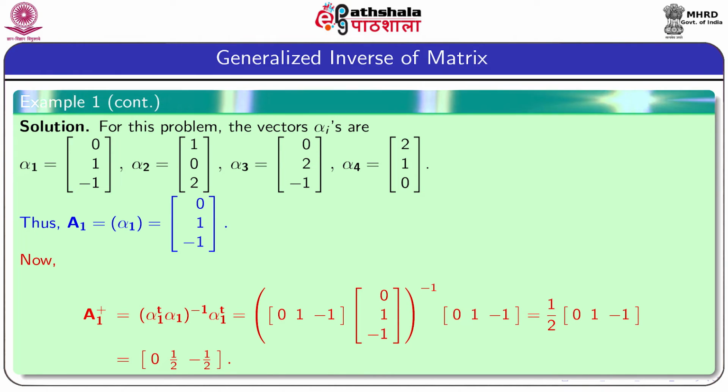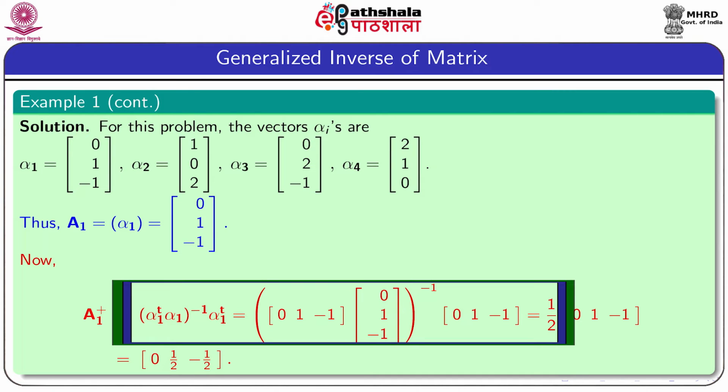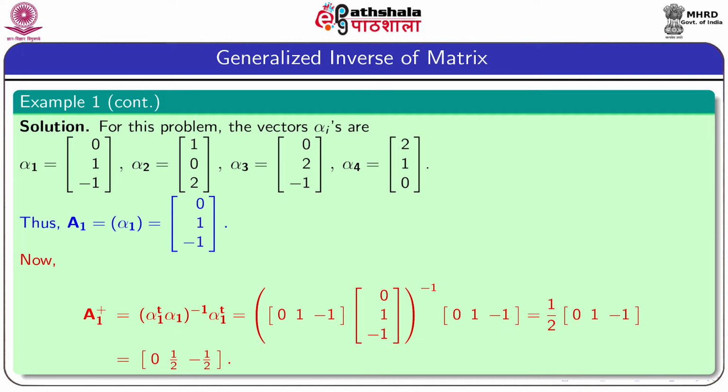Therefore, A1 plus, the Moore-Penrose inverse of the matrix A1, is alpha 1 transpose alpha 1 whole inverse in the conventional sense, into alpha 1 transpose. Alpha 1 transpose is 0, 1, minus 1, and alpha 1 is 0, 1, minus 1, and we have to determine the inverse of the product of these two matrices, into 0, 1, minus 1.